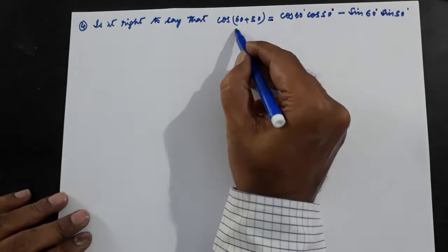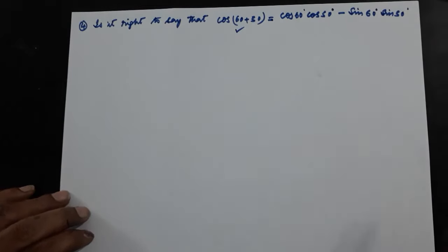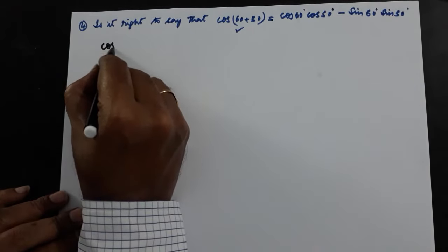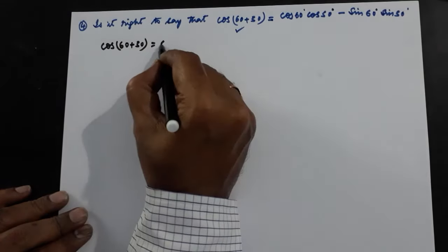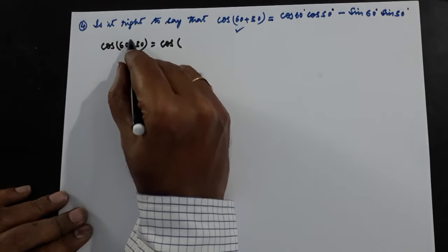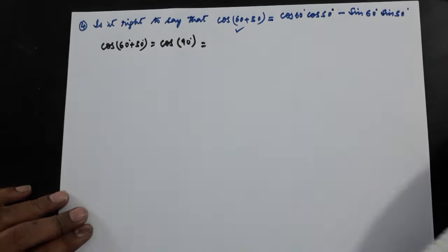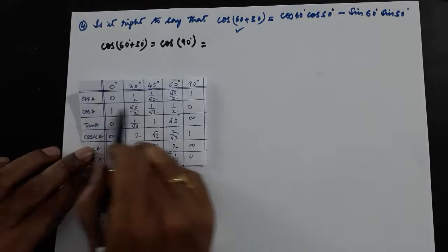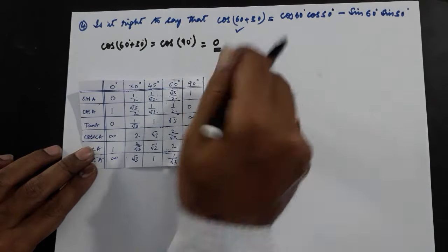We'll do it. So we'll take this one first. That is cos 60 plus 30. Take that one first, which is nothing but cos 90 degrees, since 60 plus 30 is 90 degrees. So what is cos 90? Cos 90 is 0. Okay, we got this as 0.